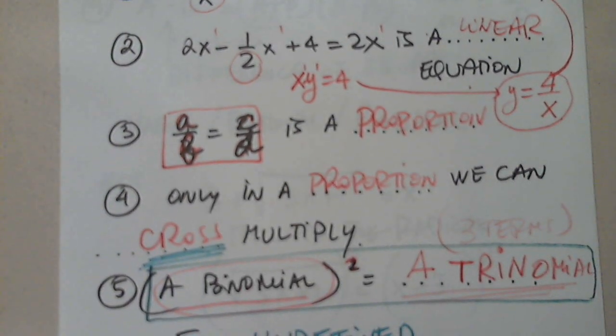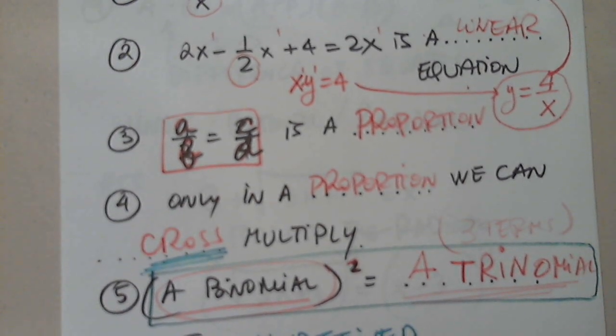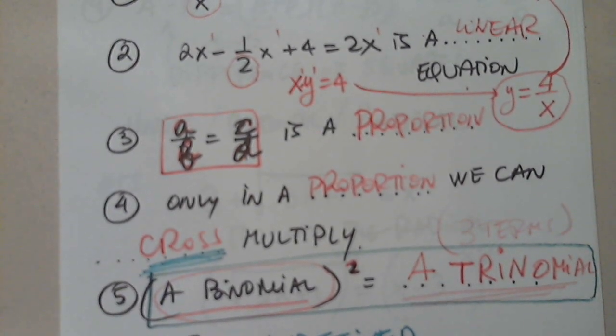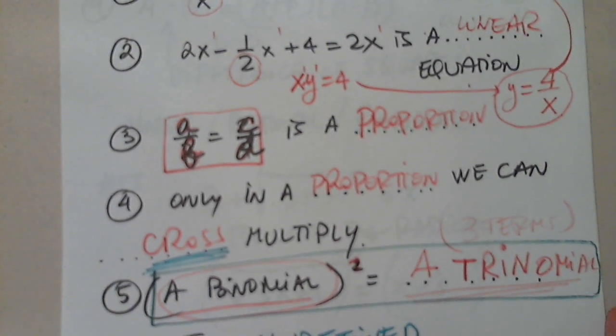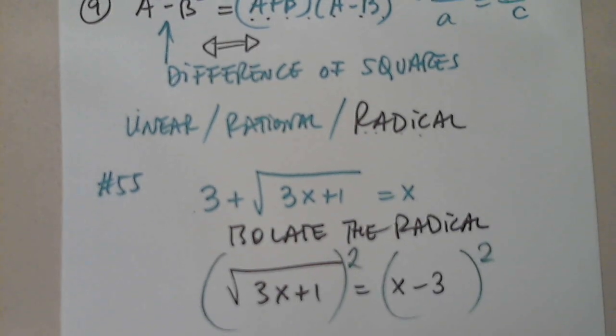X squared minus 3x minus 9. To be honest, you really helped me because by making mistakes we learn. So I was hoping that somebody would say that. So thank you. Yes, so what was it? X squared minus 3x minus 9.